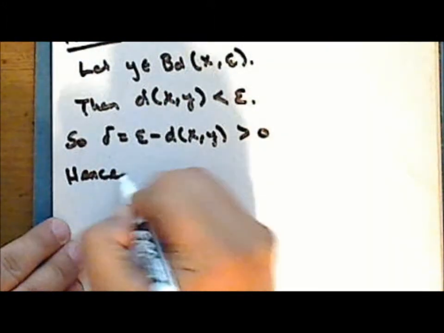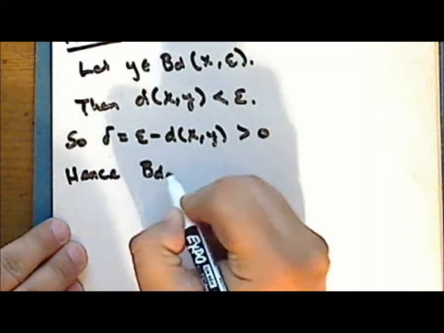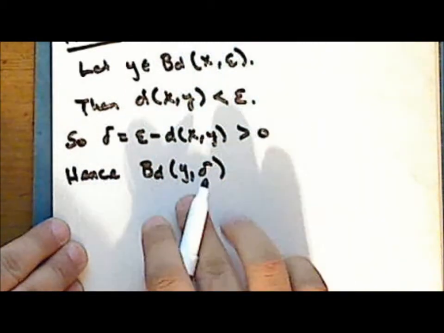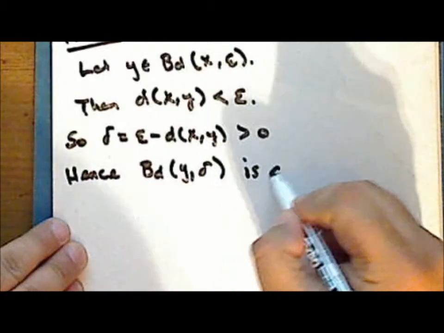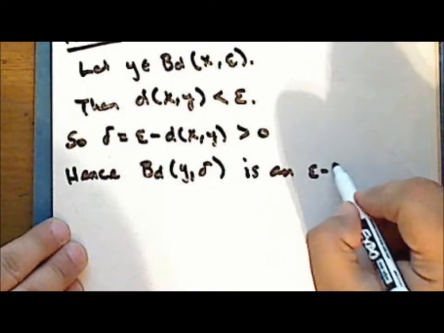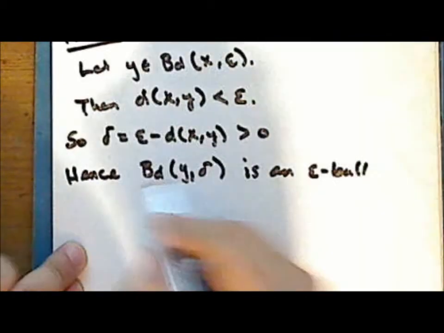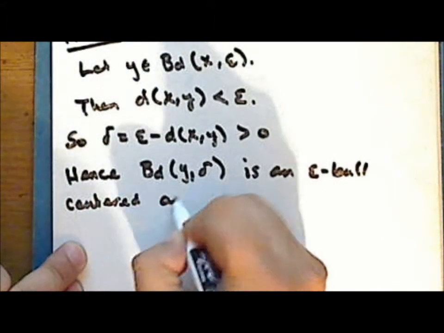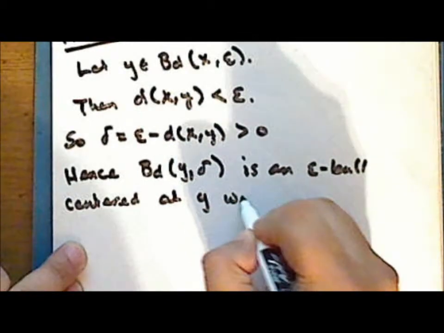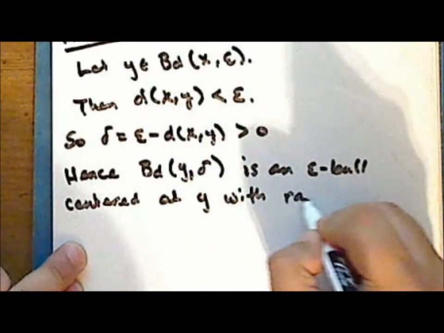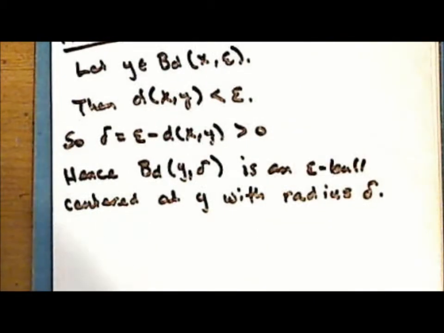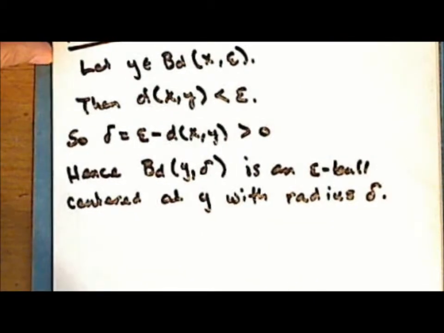And so the set B sub D Y delta is an epsilon ball centered at Y with radius delta. So the existence part we have just demonstrated.